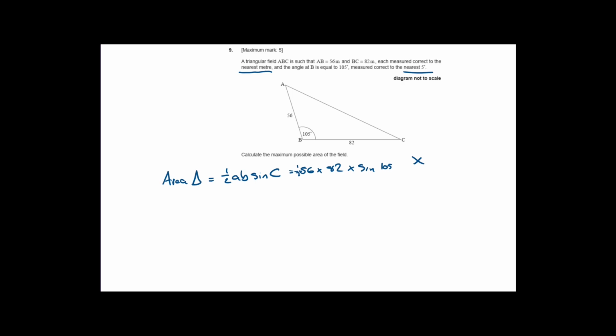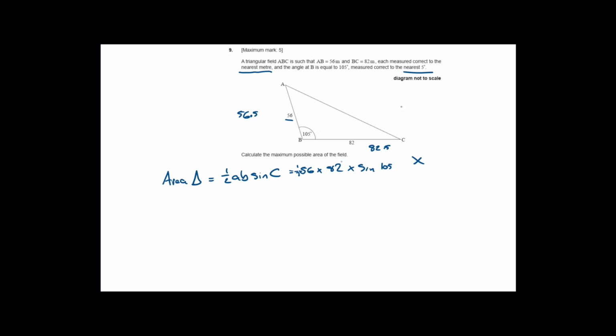So we need to work out what the biggest possible triangle that we could have is. If it's measured to the nearest meter, it could possibly be 56.5. If it was any more than 56.5, it would be 57, and this is going to be 82.5, and this is to the nearest 5 degrees, so we can afford to add or subtract 2.5.